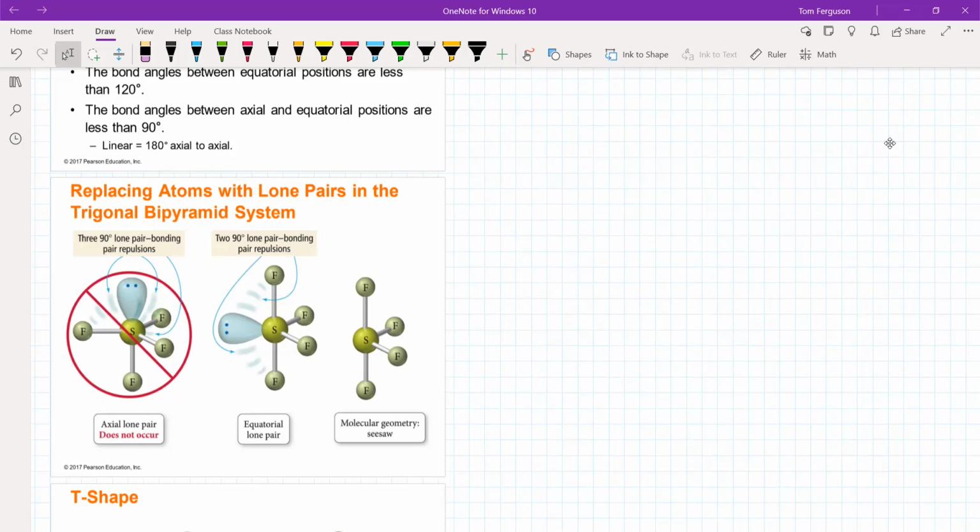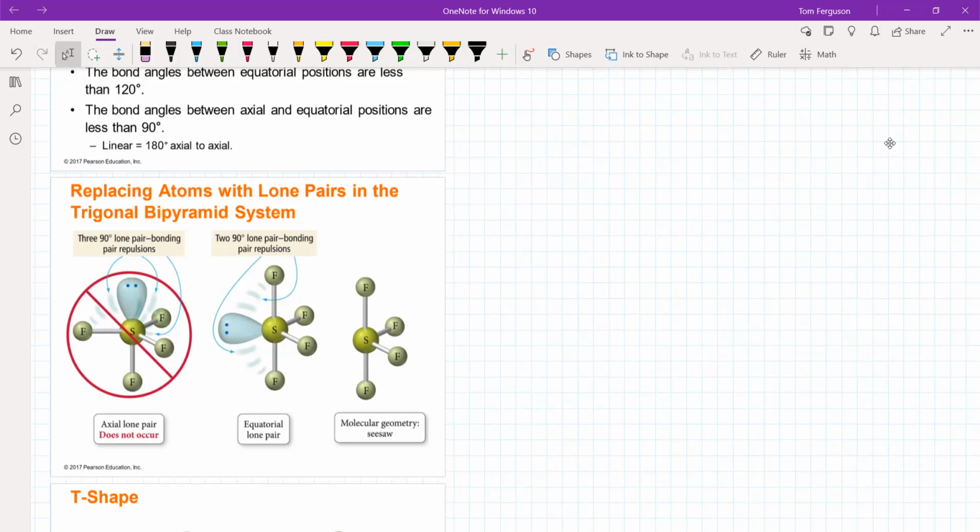So it's going to go in the place that's got the biggest space. In the case of the trigonal bipyramidal, where there's 2 pyramids stuck together, the biggest space is going to be equatorially as opposed to polar. So that would be what the electronic, covering up the atoms, that would be the electronic geometry. The polar geometry in this case is going to look like this, and it's called seesaw.